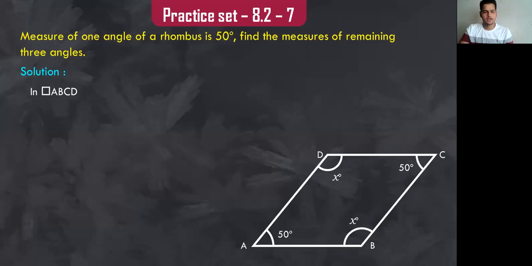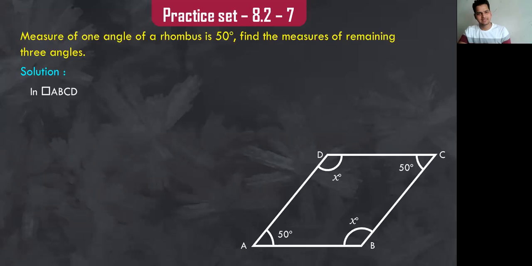Alright. Now, when we have started with the chapter, we have seen a very simple process that sum of all the angles of a quadrilateral is 360 degrees. Let it be a rectangle, square, rhombus, kite, trapezium, any quadrilateral. All the angles, when you add them, the total will be 360 degrees.